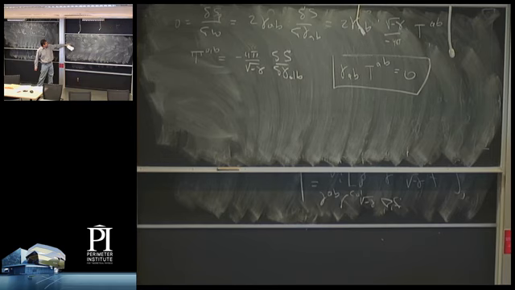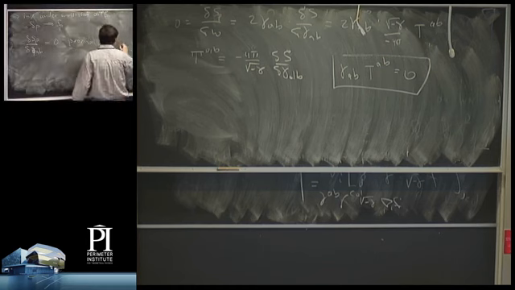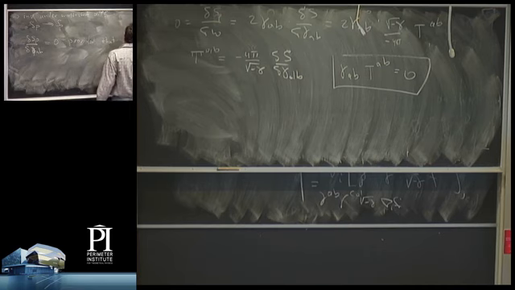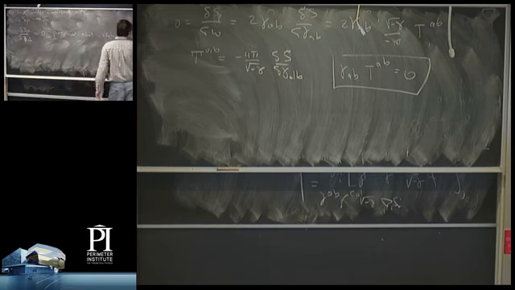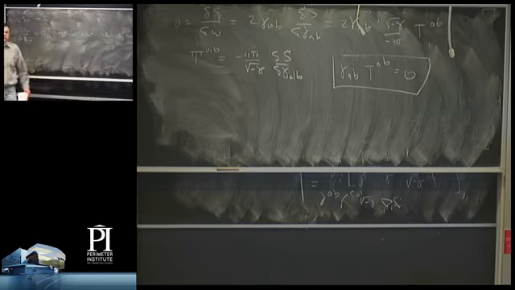So if I know that my action is invariant under diffeomorphic transformations, then δS over δγ^AB must vanish, provided, so now I'm putting a constraint, provided that δγ^AB is due to a change of coordinates, right?